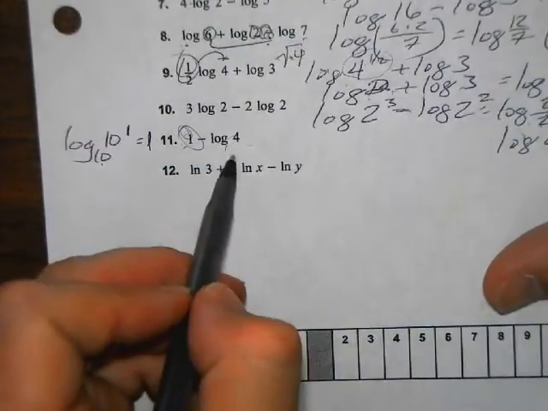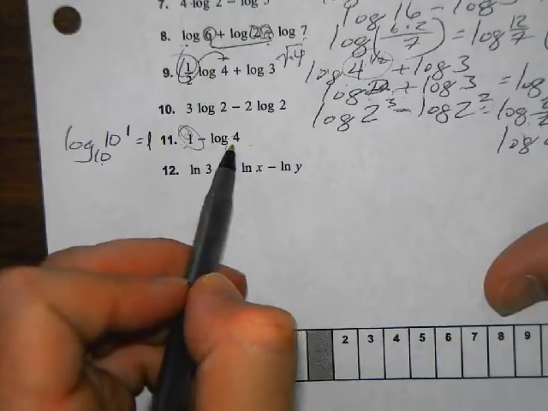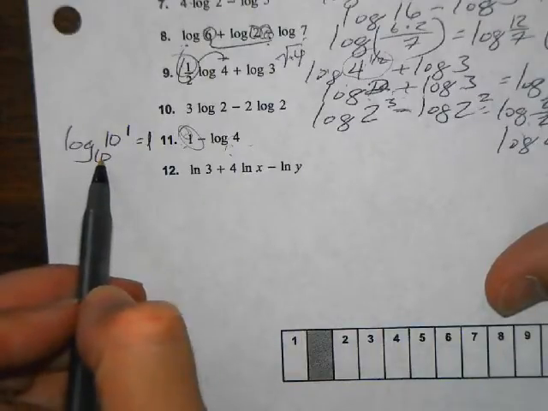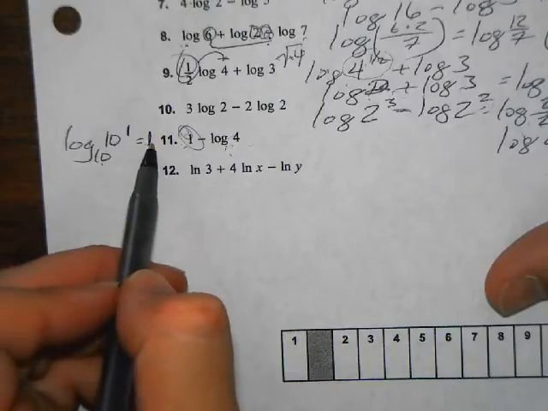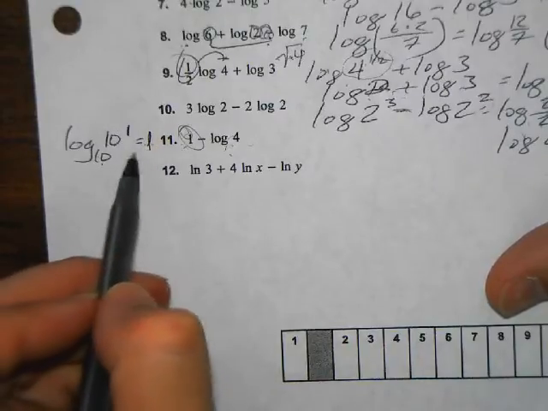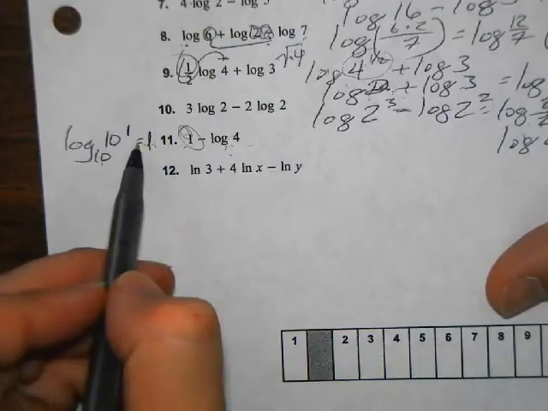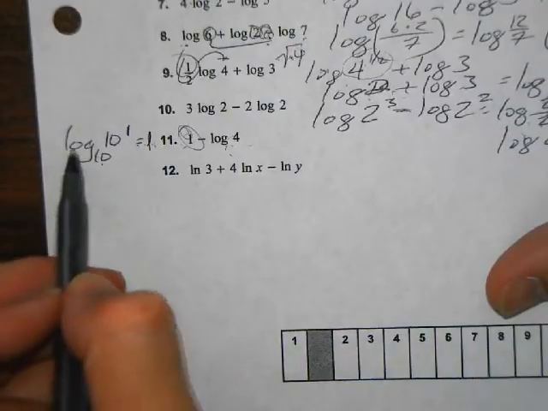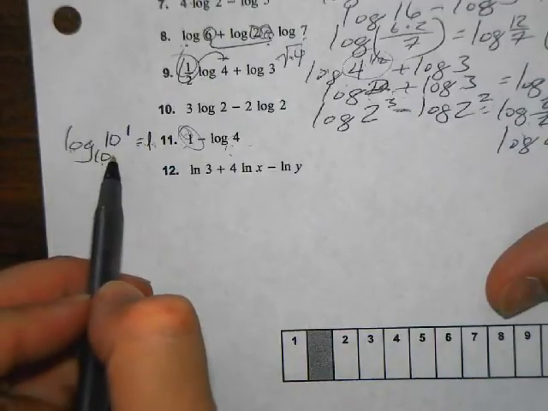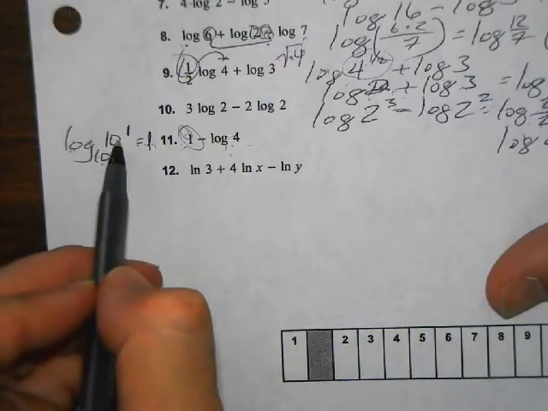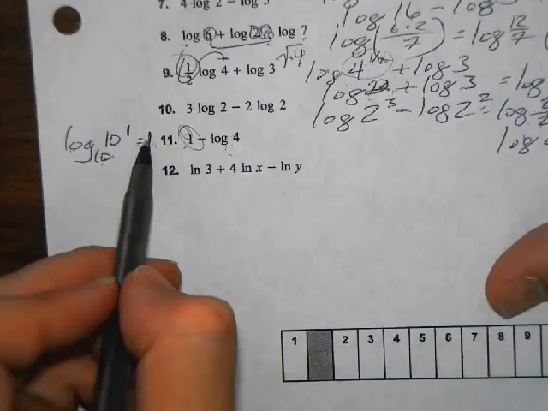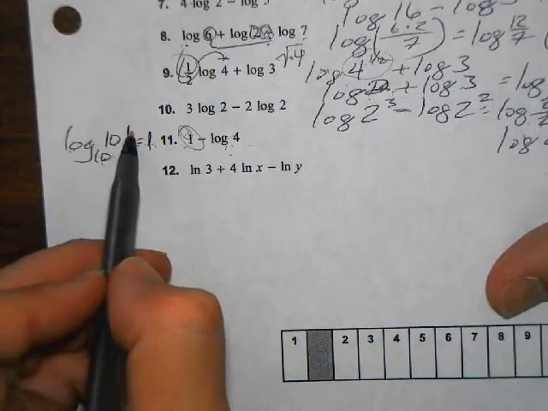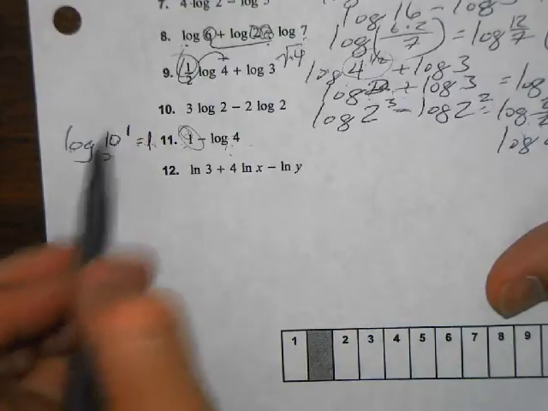So my base here is 10, and I'm going to use that because log in base 10 of 10 to the first power equals 1. In other words, 1 is the exponent of 10 to get 10. 10 to the power of 1 is 10, is another way to think about that.